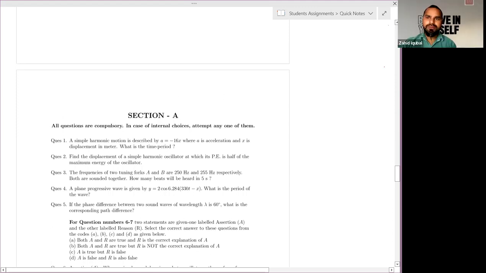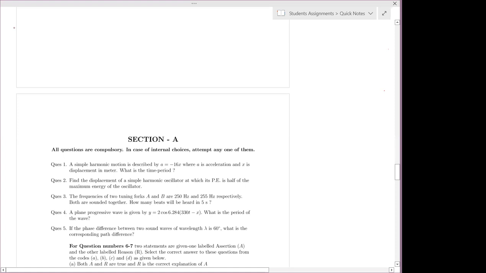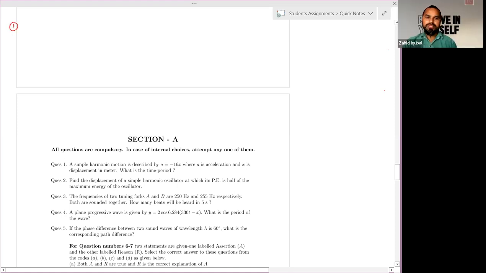Is my screen visible to you? Yes, sir. Okay. First question: a simple harmonic motion is described by a equals minus 16 times x. What is the time period of this?